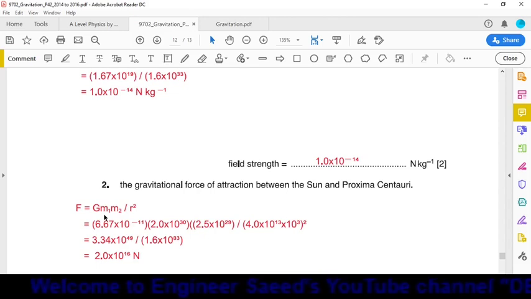Here m1 is the mass of the Sun, 2 into 10 power 30, and m2 is the mass of Centauri, 2.5 into 10 power 29, divided by r square. R is the distance between them, which is equal to 4 into 10 power 13.